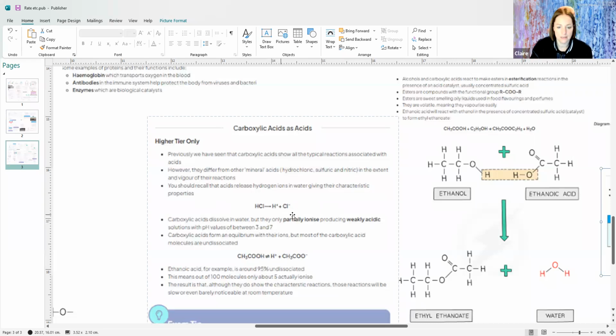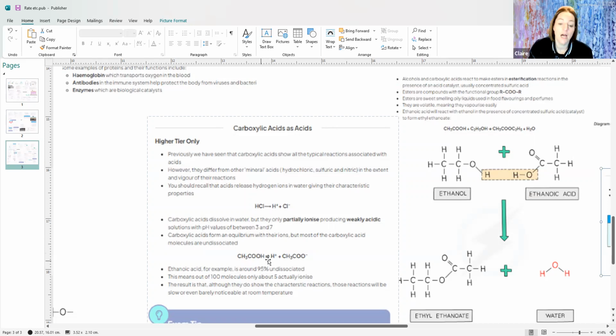The stronger the acid, the more dissociation. Okay, carboxylic acids dissolve in water, but they only partially ionize, and they produce weak acidic solutions. So pH between 3 and 7. That's not acidic, that's neutral.